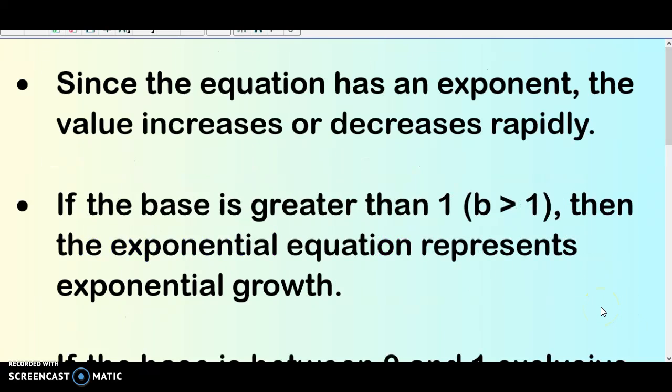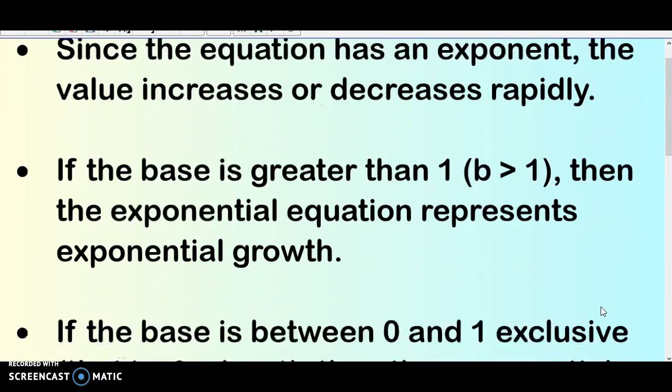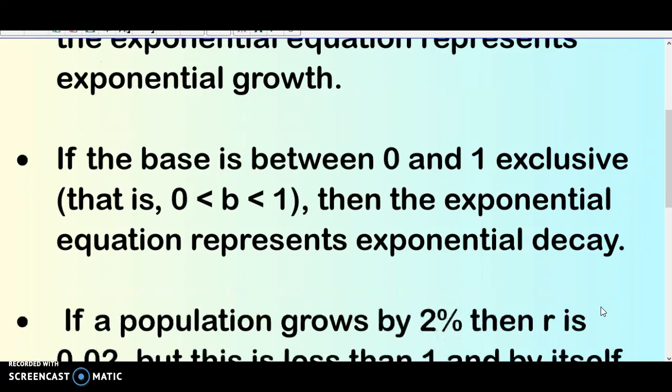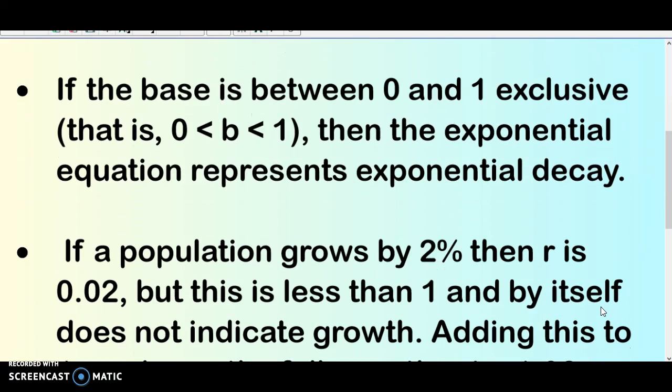Since the equation has an exponent, the value is going to increase or decrease rapidly. If the base number is greater than 1, the exponential equation represents exponential growth. If the base is between 0 and 1, exclusive, that is that b is between 0 and 1, then the exponential equation represents exponential decay.